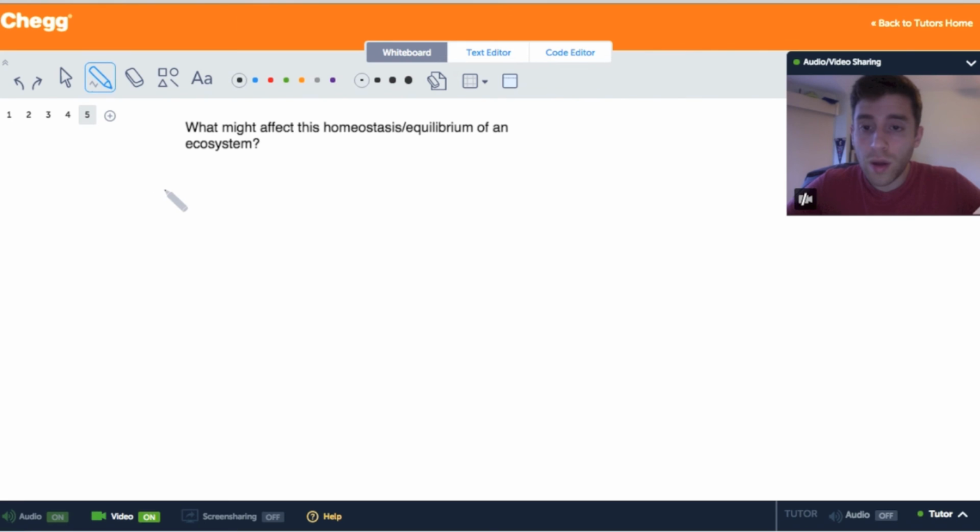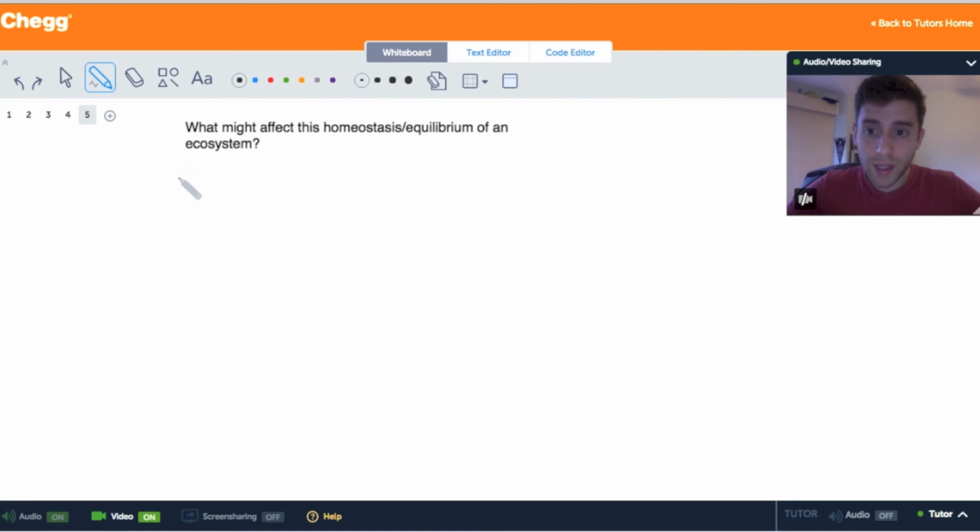So, like I said before, everything's connected to everything. And if you start pulling one species out of an ecosystem, other things start to fall apart. So say, for example, you pull out all the plants of an ecosystem, then the primary consumers die, then the secondary consumers die, and then the apex predators die. So everything's connected.